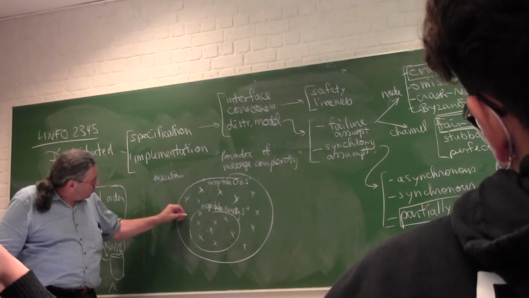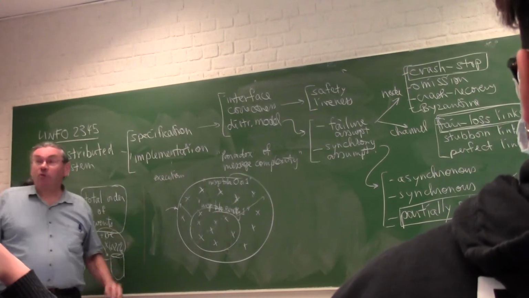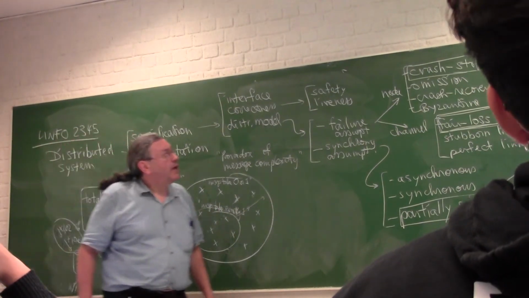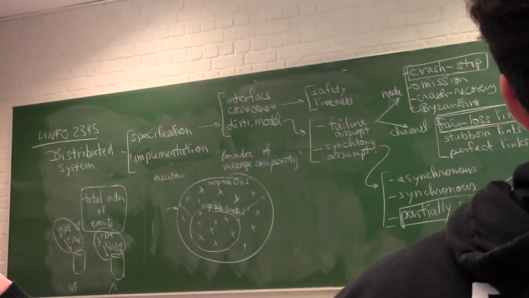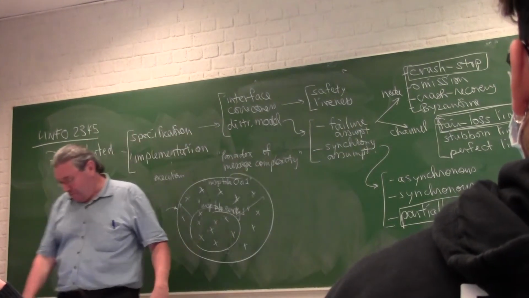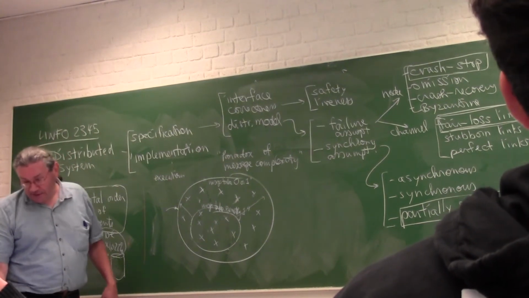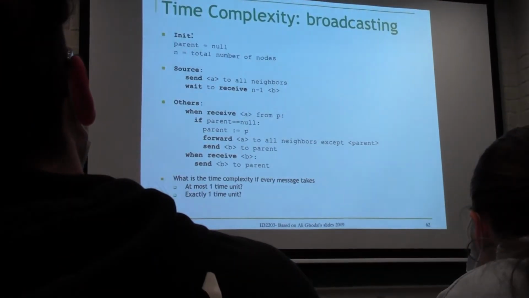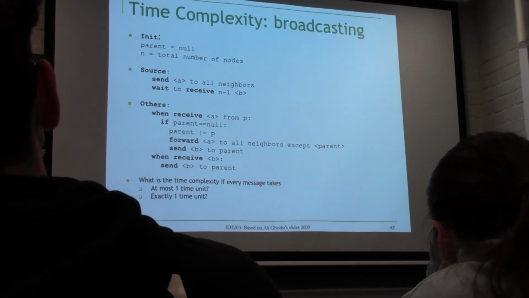Because this is a superset, the maximum time complexity can only increase. So the time complexity for at most can increase. Is that a real thing? Can that really happen? Yes, it can really happen, and here's an algorithm where it happens. Now let me show you this algorithm. It's actually a fairly straightforward distributed algorithm.